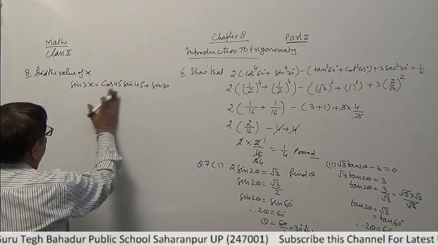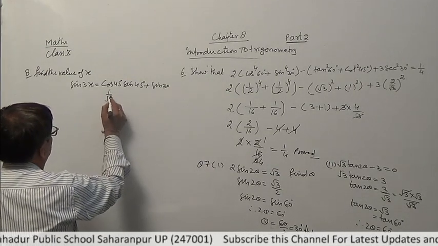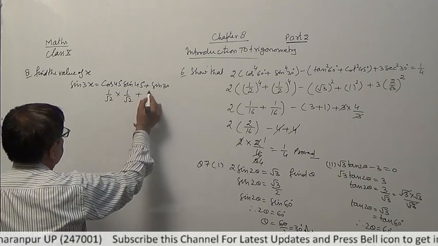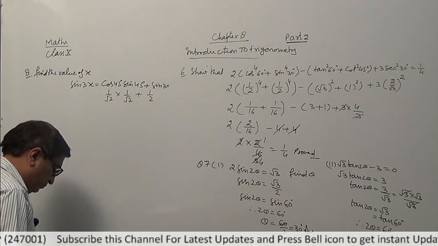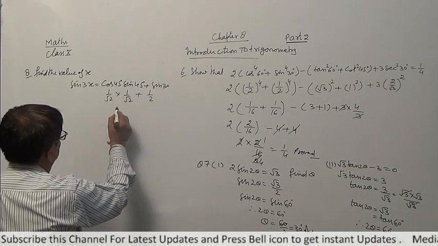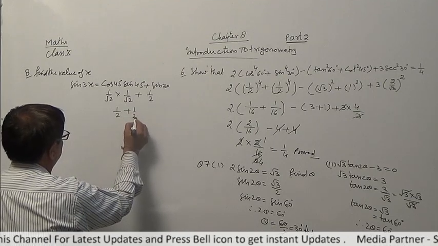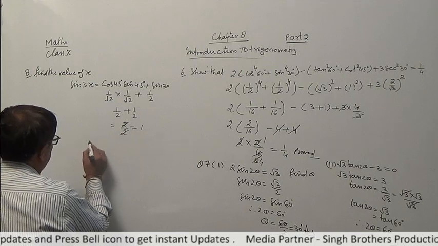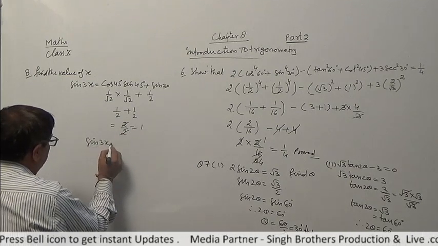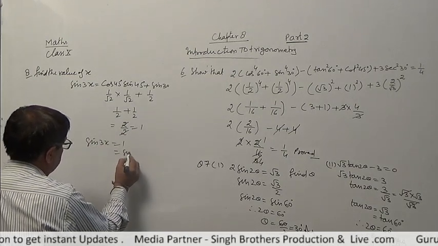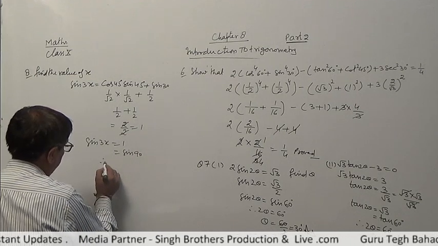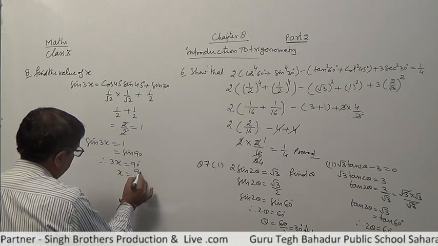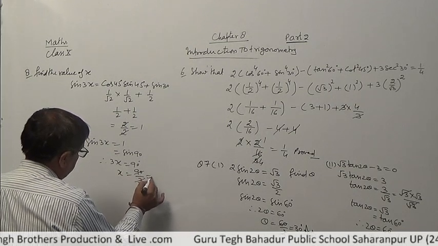Putting the values, cos 45 is 1 upon root 2, sin 45 is 1 upon root 2, sin 30 is 1 upon 2. So it will be 1 upon 2 plus 1 upon 2, that is 2 upon 2, 1. Sin 3x is equal to 1. One value is sin 90. Therefore 3x is equal to 90 degree and x is equal to 90 upon 3, that is 30 degree.